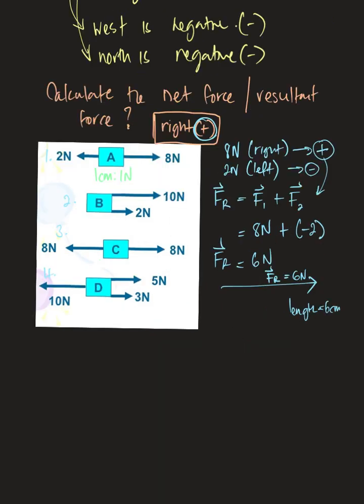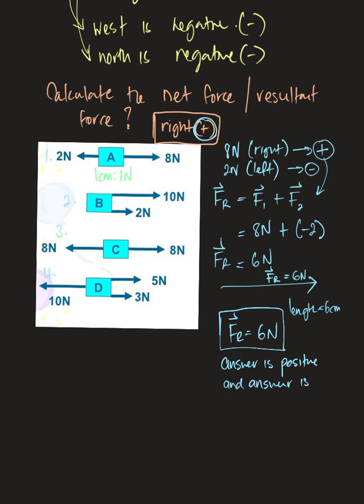Right. Now, if FR is equal to 6 newtons, what's important for me to understand is that because the answer is positive, and the answer is a vector, I must have a direction.